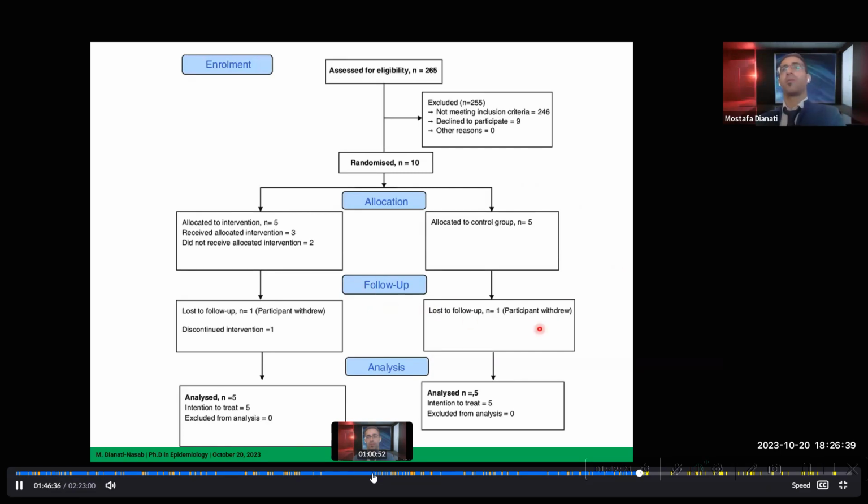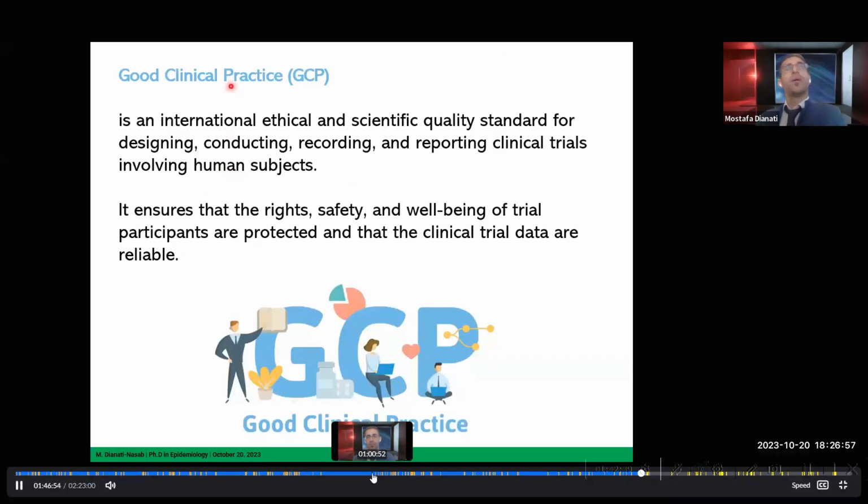Then follow-up, how many individuals you lost to follow-up, and then analysis of your data. It means how many individuals you could do analysis on.